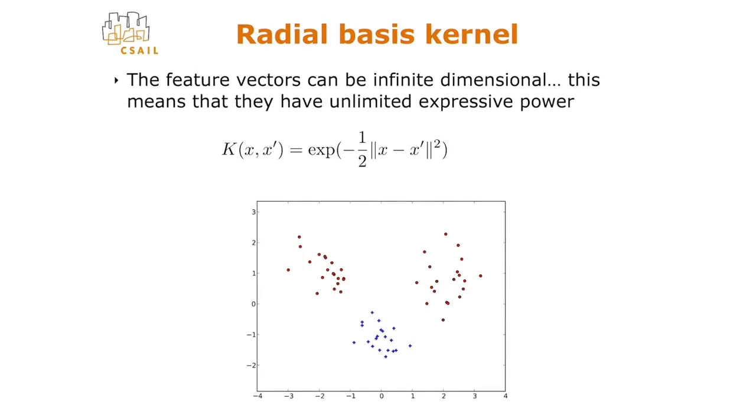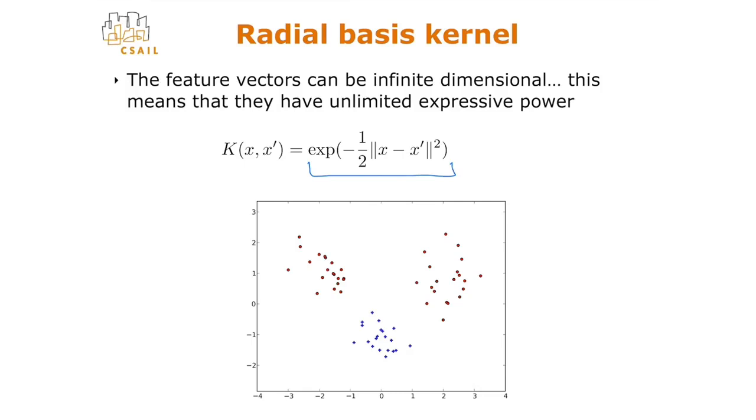All right, so now let's take a more interesting example to illustrate the power that you get from incorporating kernel functions. Now you can show that this radial basis kernel is also a kernel function, and it can be constructed from those composition rules that we saw before, but we'd actually have to compose them an infinite number of times, since this has a feature representation in terms of vectors that's infinite dimensional.